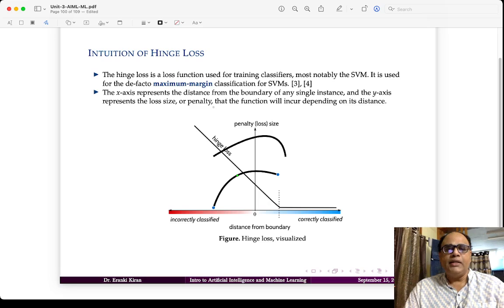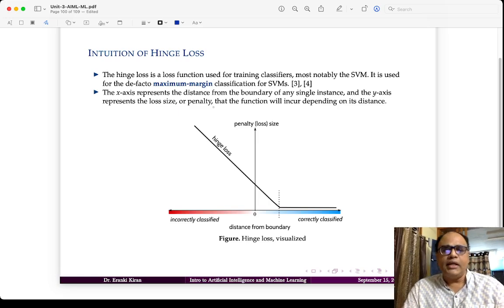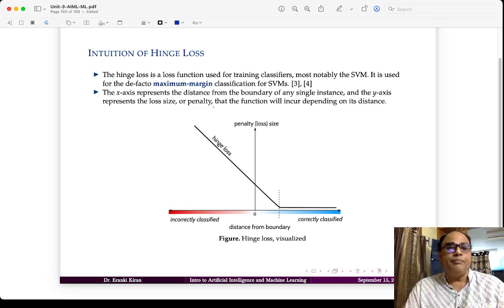The penalty, or the loss size, will be lesser when the hinge is moving towards a correctly classified category rather than towards incorrectly classified categories. So in these two cases, the hinge loss can account for the accuracy and the performance of the SVM model.